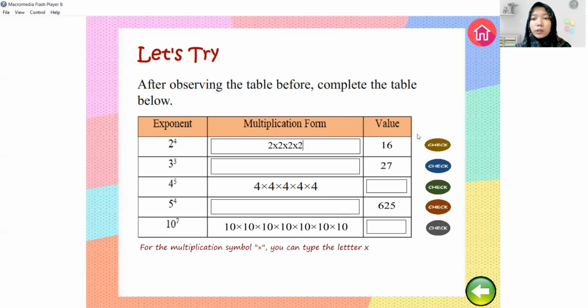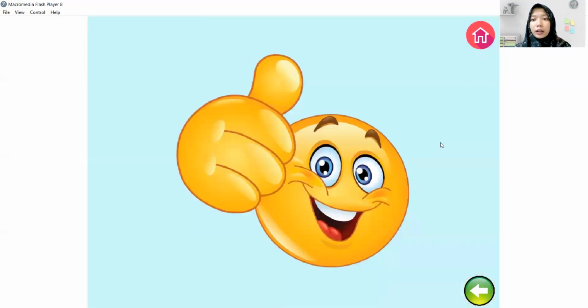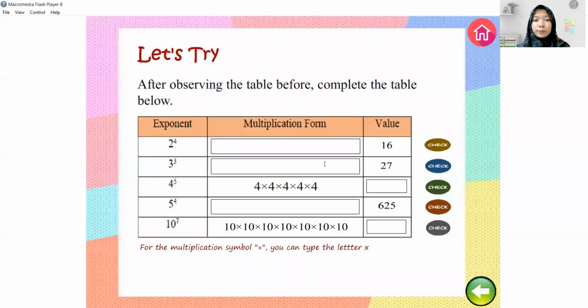And then students can check. If this view appears, it means the answer of the student is true. Then students can go back to the previous view.